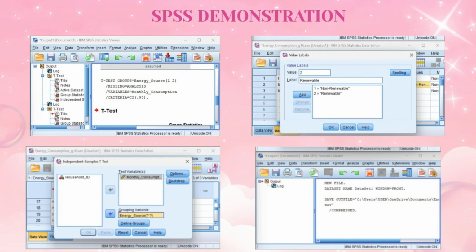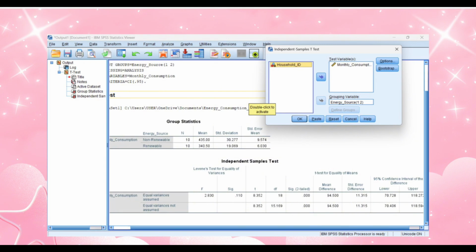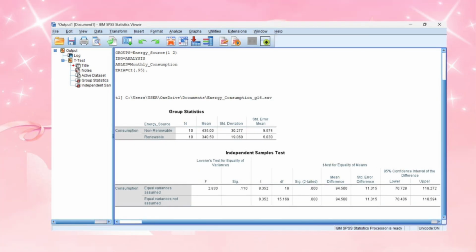Based on the result, we observe that the average monthly electricity consumption for renewable energy users is lower compared to non-renewable energy users. In addition, the p-value obtained was smaller than 0.05. Therefore, the result is considered statistically significant. Now, I would like to invite our final presenter to explain the interpretation and conclusion of this study.